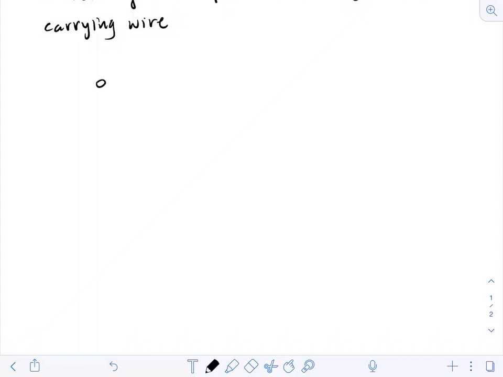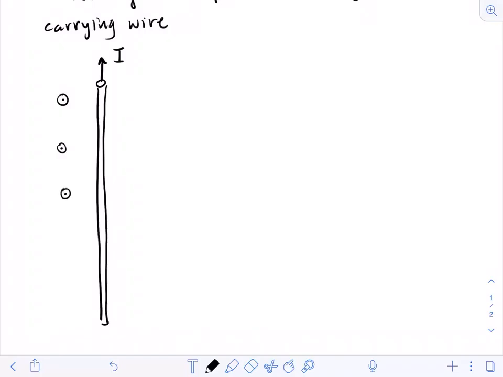So we'll start with our long wire. And let's imagine that there's a current that is directed towards the top of the screen. By the right-hand rule, if we put our thumb in the direction of the current, our fingers curl in the direction of the magnetic field, so that in the plane of the screen, we have a magnetic field coming out of the screen to the left of the wire, and to the right of the wire, a magnetic field going into the screen.